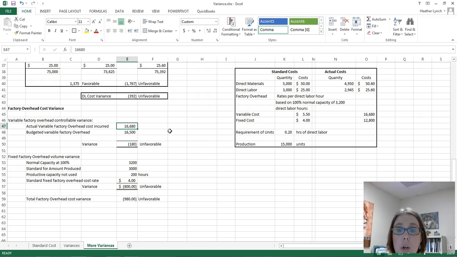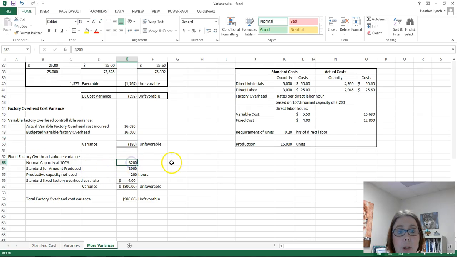So we need to determine, okay, what caused this issue? 16,680 versus what we budgeted for variable overhead, but here we thought, okay, 15,000 units, 0.20 hours per direct labor hour. This is a standard that we set for our variable overhead at $5.50. That's low. So we need to determine, why did we budget so low?